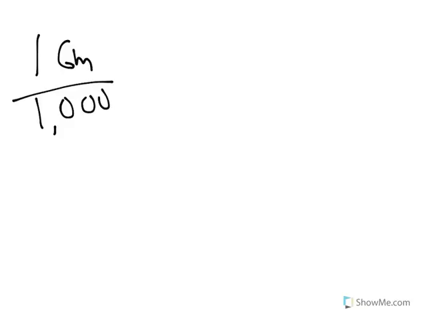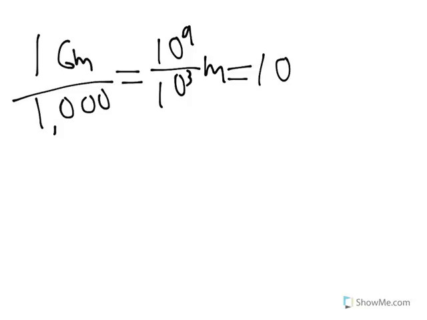Now, just like numbers, you can divide and multiply by these prefixes and these units to get different terms. For instance, if I wanted to know what's 1,000th of a gigameter, I would say 1 gigameter divided by 1,000 equals 1 trillion, 10 to the 9th, divided by 1,000, 10 to the 3rd, times meters, which equals 10 to the 6th meters, or 1 megameter, which you can also express as 1,000 kilometers.